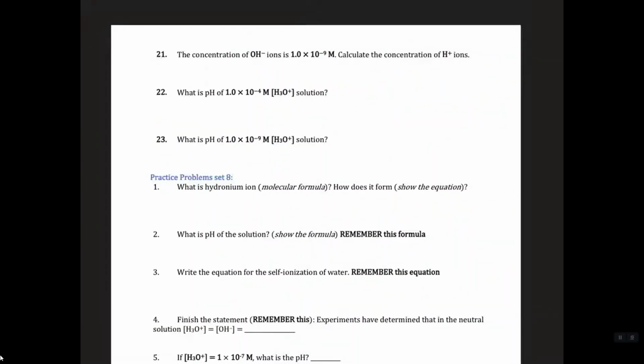Let's do one more problem like this. So if my concentration of hydroxide ion is 10 to the negative 9, I need to find the concentration of hydrogen ion. So remember again that we started out with 10 to the negative 7 for hydroxide ion and 10 to the negative 7 for hydronium ion when it was a neutral solution.